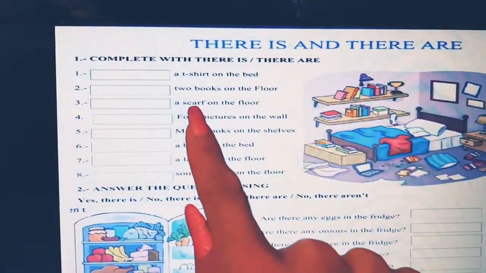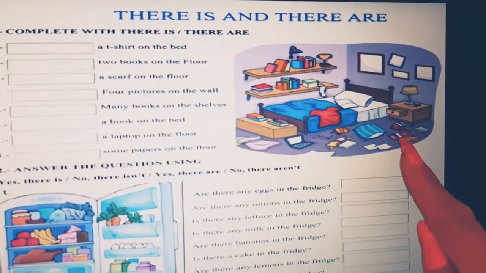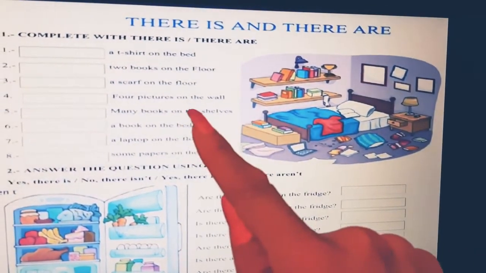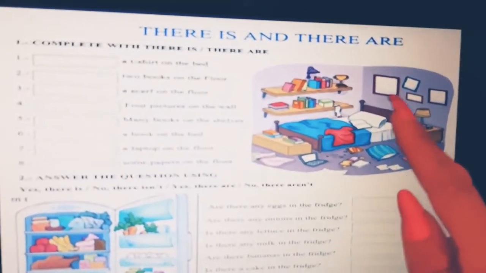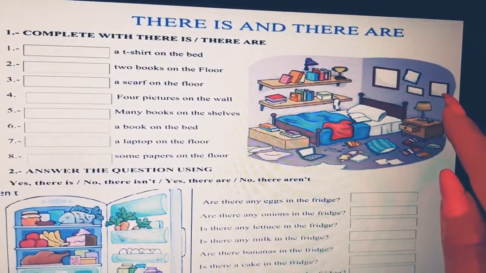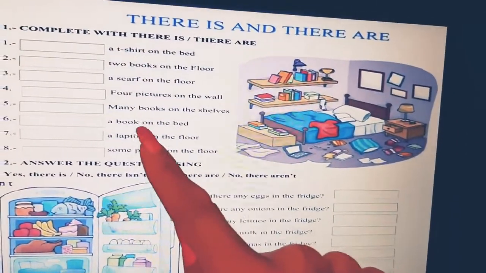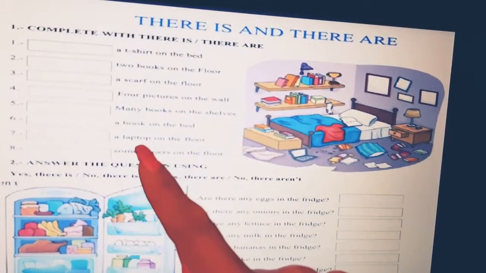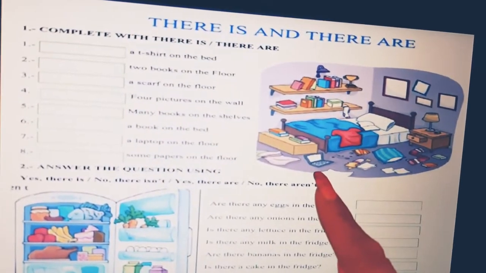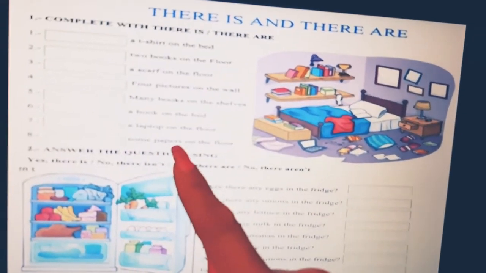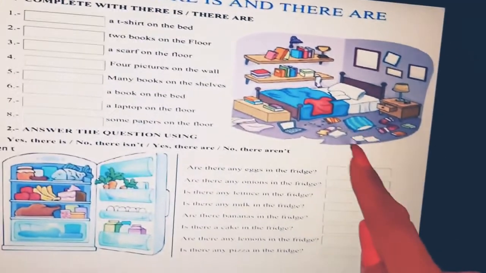Maybe you know the vocabulary. What is a scarf? Yes, I have a scarf here. Okay, pictures on the wall. They are my pictures or portraits. Okay, so what about laptop? Papers, they are my papers, okay?